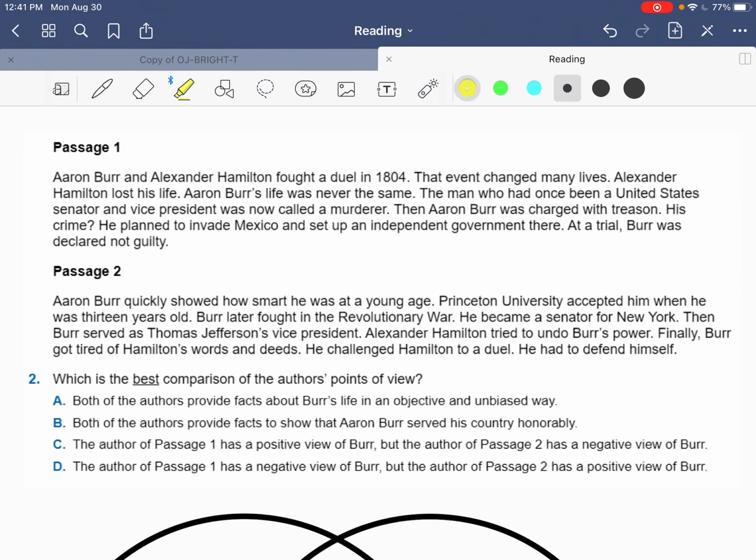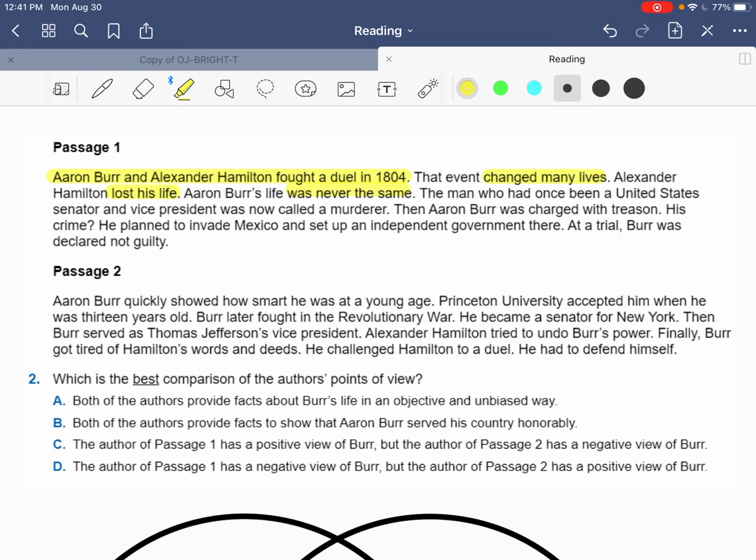Passage 1. Aaron Burr and Alexander Hamilton fought a duel in 1804. And a duel is a sword fight. That event changed many lives. Alexander Hamilton lost his life. Aaron Burr's life was never the same.